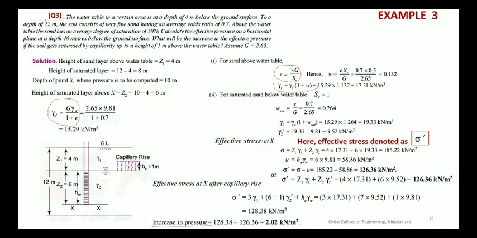Now we have to find out gamma, bulk unit weight gamma, and gamma is equal to gamma D into 1 plus W, where W is the water content. So we can find the water content from the equation E is equal to Wg divided by Sr. So rewriting it in order to get W is equal to E into Sr divided by G. Now what is E? It is 0.7. And what is Sr? It is the degree of saturation.